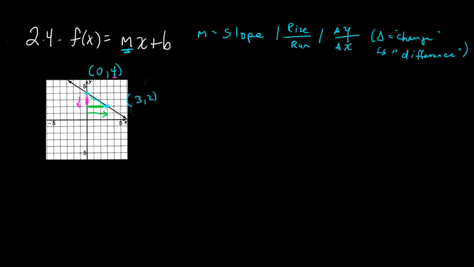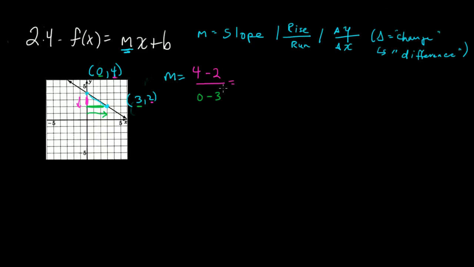So m is equal to, we started at the position 4, and we moved to the position 2, so 4 minus 2, and that's over, in green, we started at the position 0, and we moved to the position 3. So 4 minus 2, that's the difference from here to here, and 0 minus 3, that's the difference from this position where we started at the 0 to the 3.